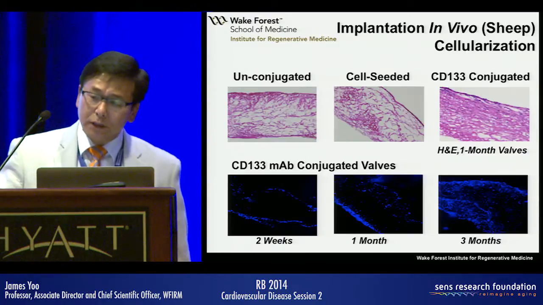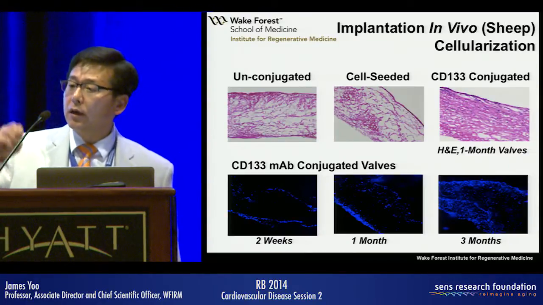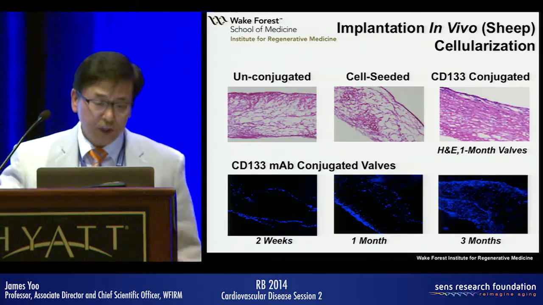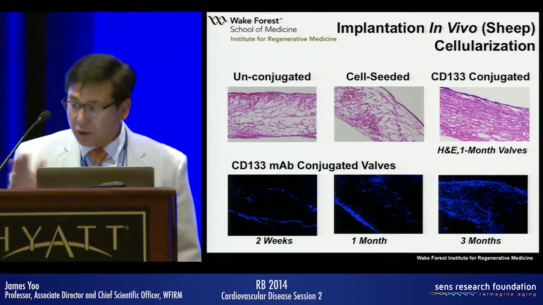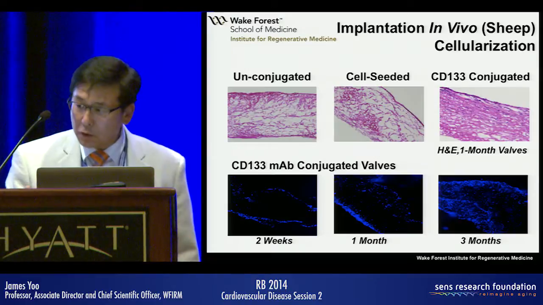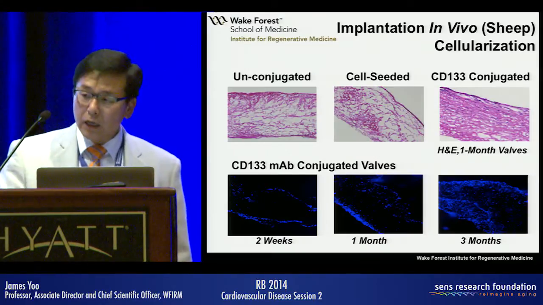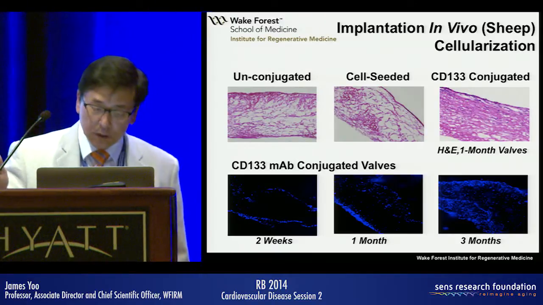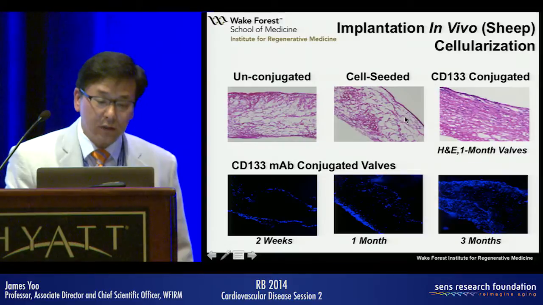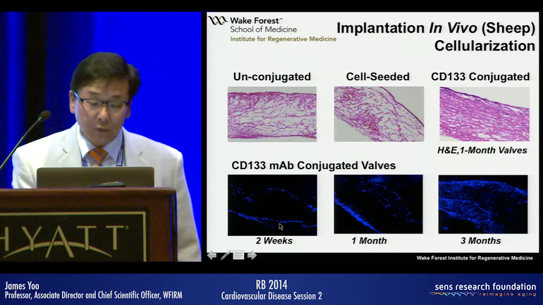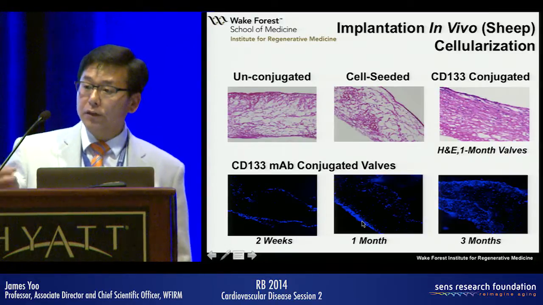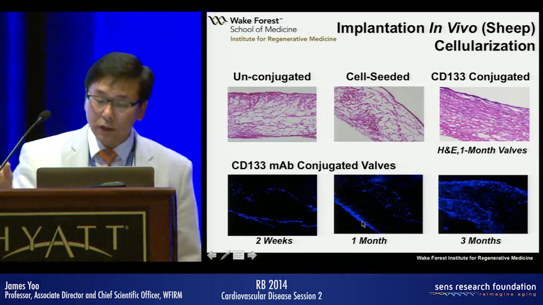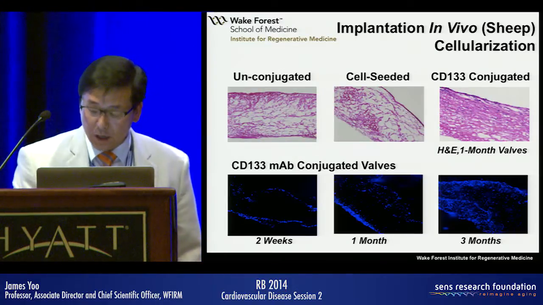So we did that. We have then implanted into a sheep model and have compared different methods, and we were able to show that even at 2 weeks we were able to see endothelial progenitor cells covering the surface of the heart valve, and the cellularity increased, and those cells penetrated over time.